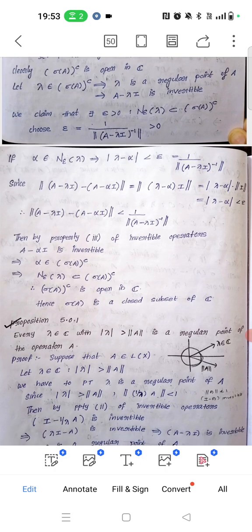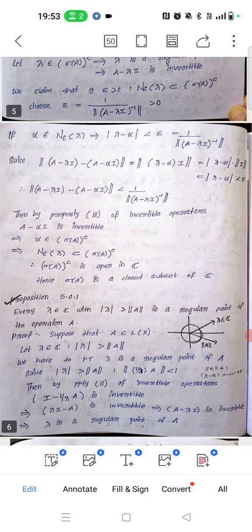So we got norm of (A minus lambda I) minus (A minus alpha I). We take A minus lambda I as A and A minus alpha I as B, then norm of A minus B is less than 1 divided by norm of (A minus lambda I) inverse. By property 3 of the invertible operators, we get that the second term, A minus alpha I, is invertible.